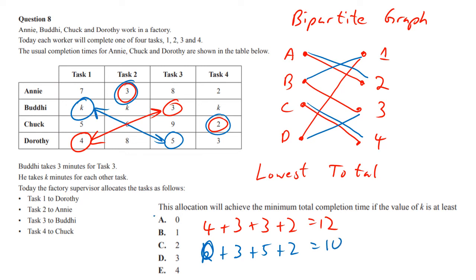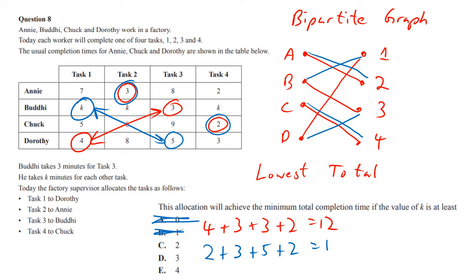Now that means this is wrong, because that would mean that the blue allocation was the lowest total, and then the red allocation would be wrong. So we can't use 0. What if instead of K we put 1? Then our total would be 11, which means still the blue would be less than the red, and the factory supervisor allocated wrongly.